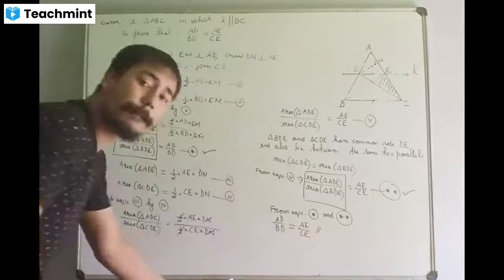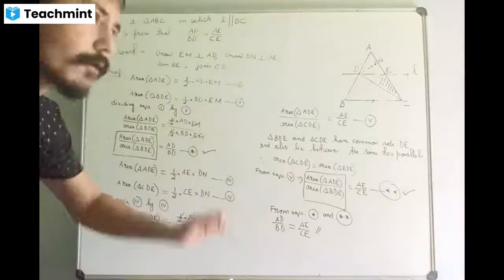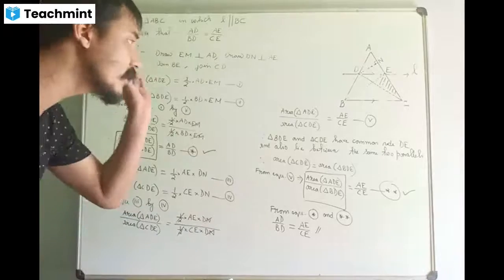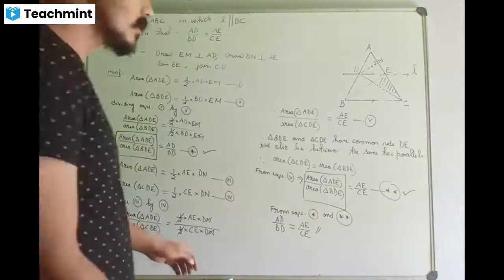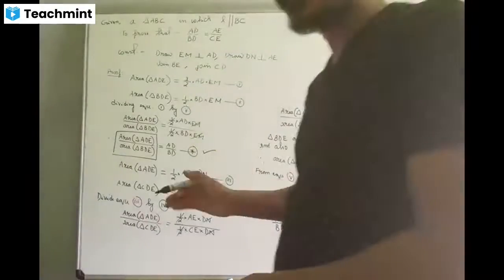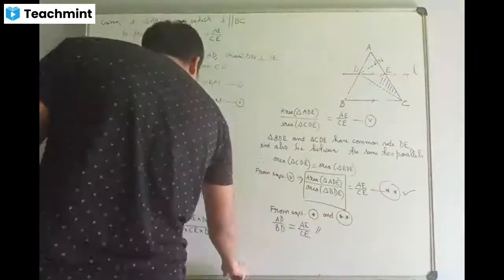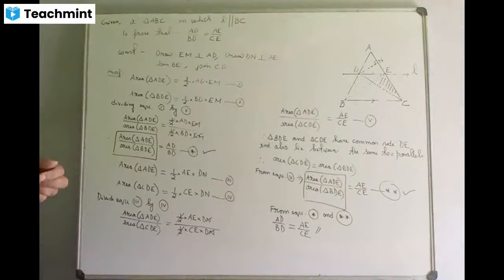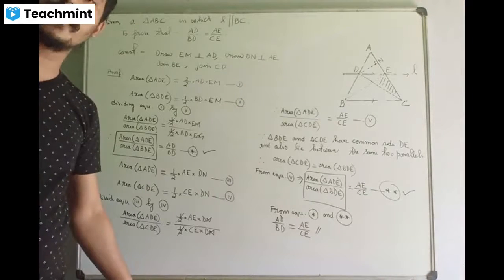And this completes the proof of your basic proportionality theorem. Are you clear with it? You can note this down. This is very, very important from your examination point of view. So I want the students to note it down.